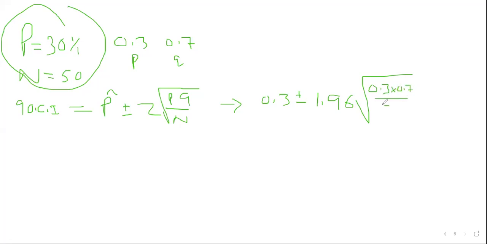Our n there will be 50. Isn't our Z 1.645? Oh, yes, 1.645. So plus or minus 1.645, correct. Here 0.05.